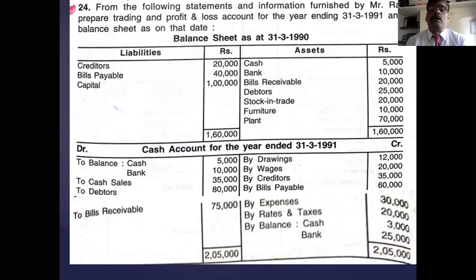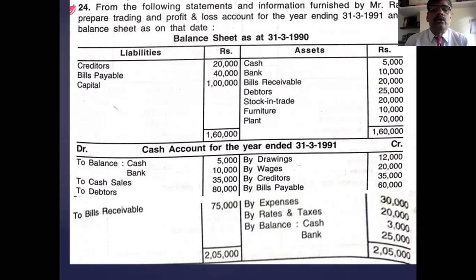And third requirement is regarding debtors account and creditors account. You have to go for debtors and creditors. Regarding debtors, there are two accounts: one is debtors and bills receivable. And about creditors, there are two: one is creditors and another is bills payable.